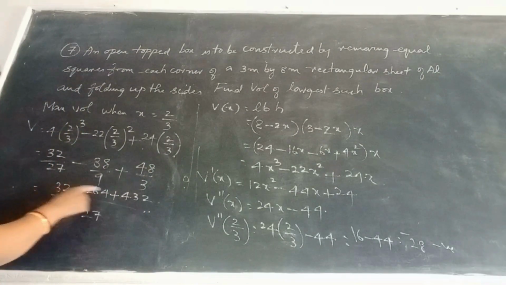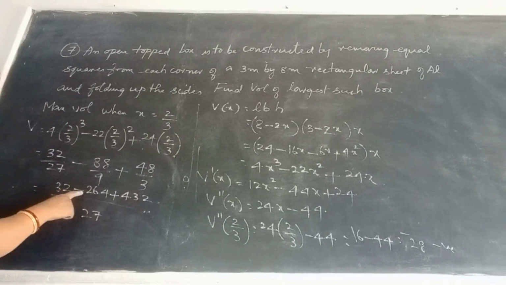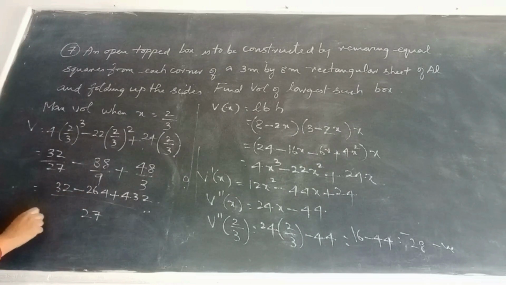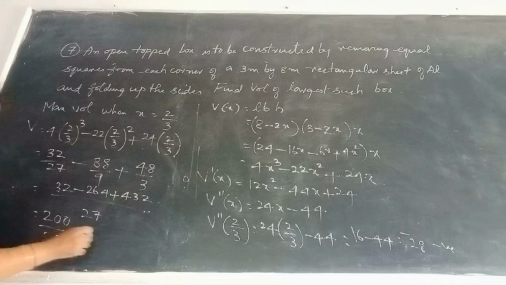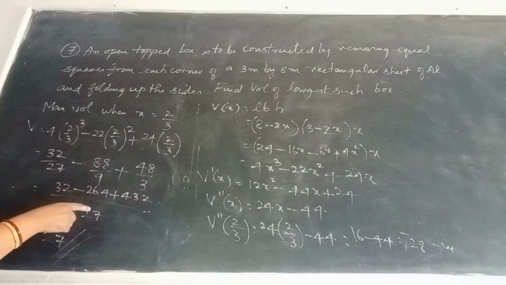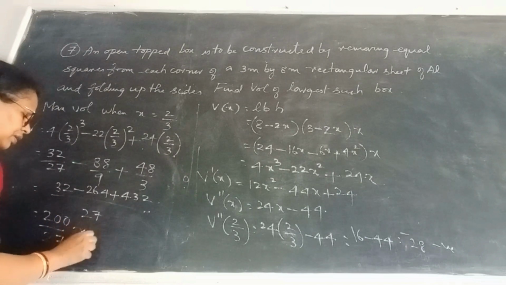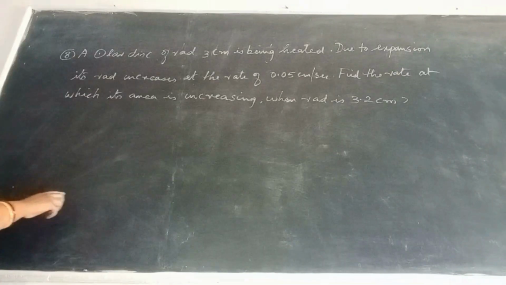Simplify it. 32 plus 432 is 464. 464 minus 264, so it is 200 by 27. So this is the maximum volume, and as it is in meters, you can write it as cubic meter. The maximum volume is 200 by 27. Next question.